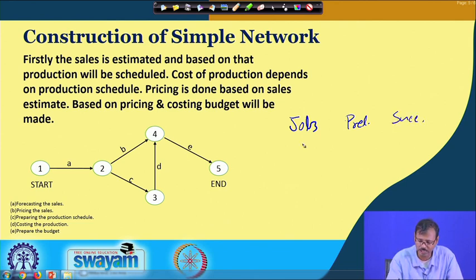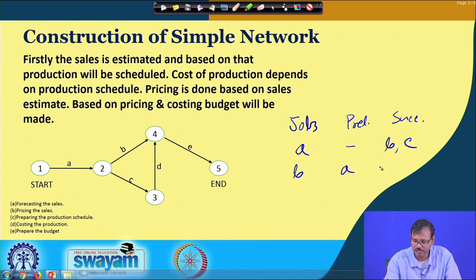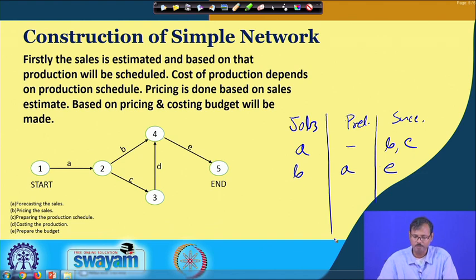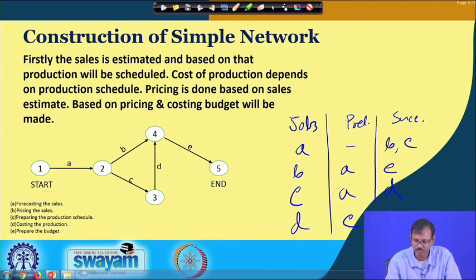The starting job is A, which does not have any predecessors, and its succeeding jobs are B and C. Similarly, job B has predecessor A and successor E. Similarly, job C has predecessor A and successor D, and job D has predecessor C and successor E, and finally, job E has predecessors B and D and no successors, because that is the ending process.